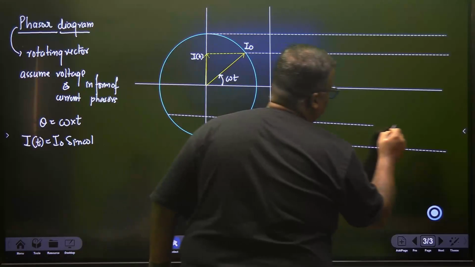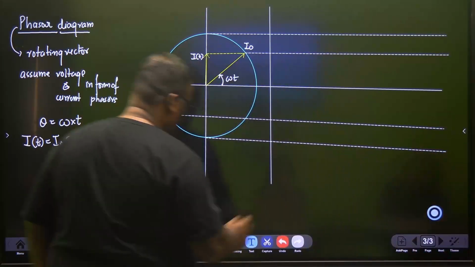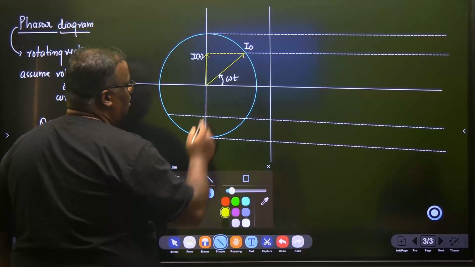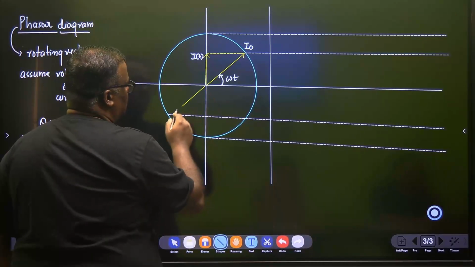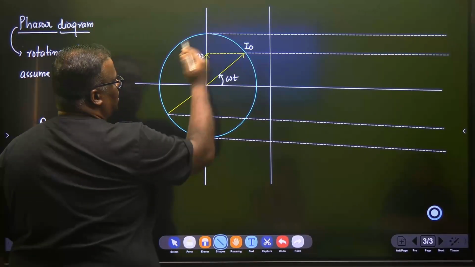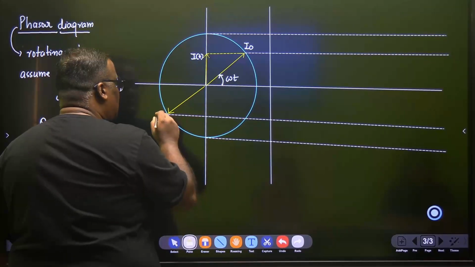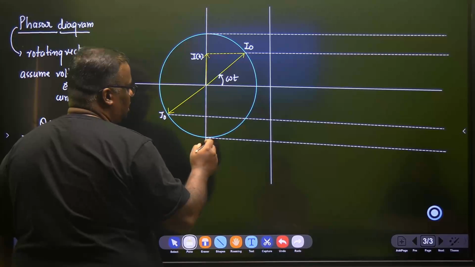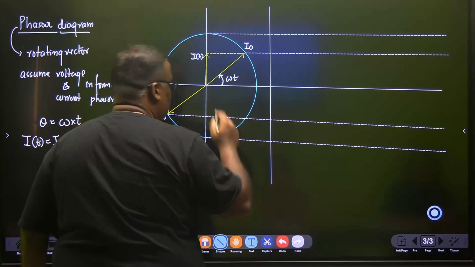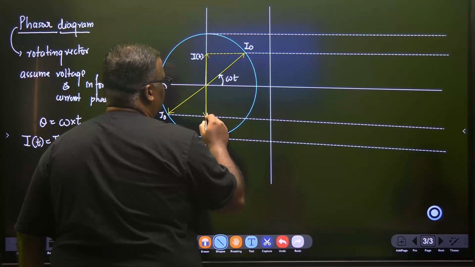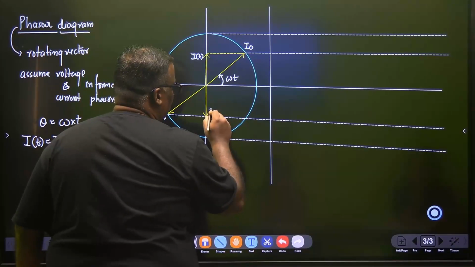When it is in between, I don't know what the value is, but the phasor has rotated and has come here now. And this is still I naught, no doubt about that. But right now, this will be known as my I at t. Is this understood or not?